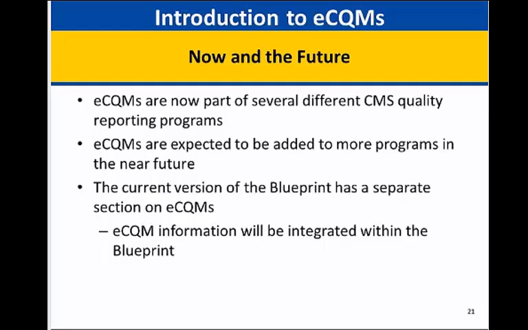A lot of the information that was in the previous versions' section on eCQMs is going away because it's duplicative of what's in the main part of the blueprint, because there's very little difference in the actual process to develop a measure.